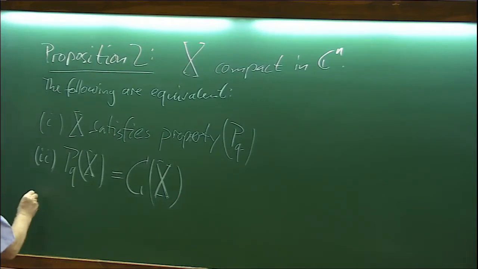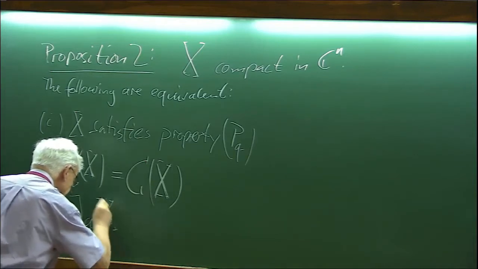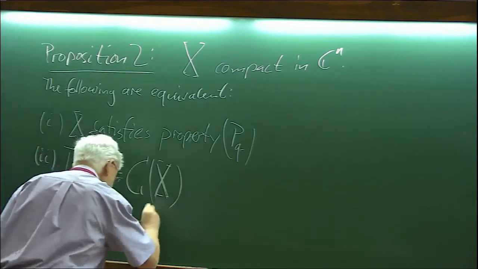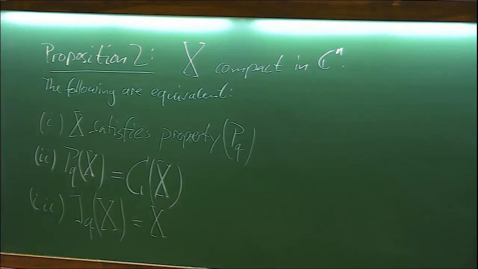Thirdly, the Q-Cauchy boundary of X is all of X. That is, every point of X has the property that the only Q-Jensen measure for the point is the point mass.